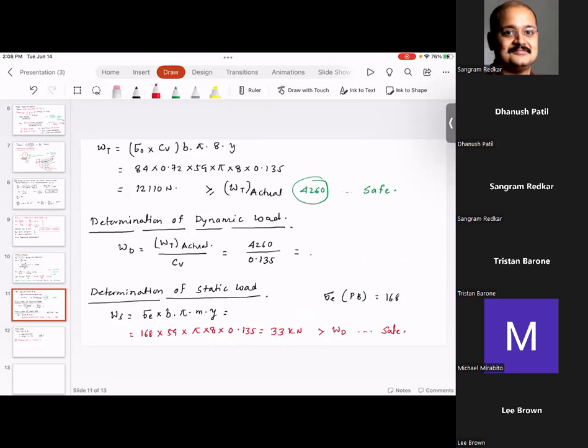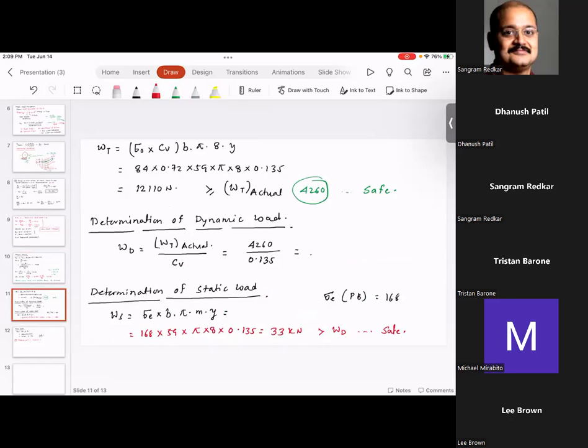Now, at this point, we find out what WT this wheel can support. Essentially, sigma naught, CV, the value of B, all these values are already known.